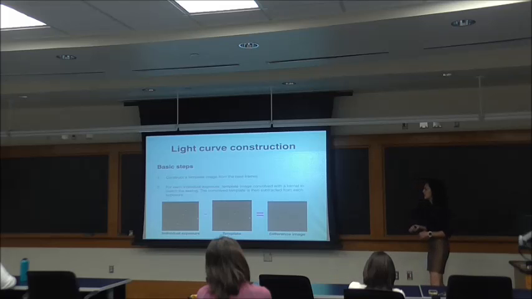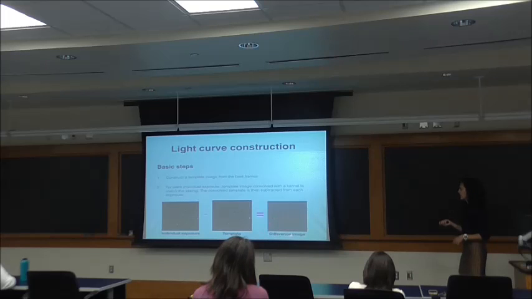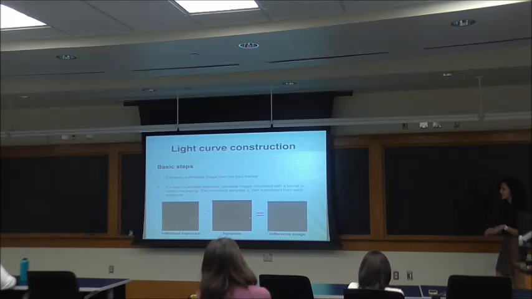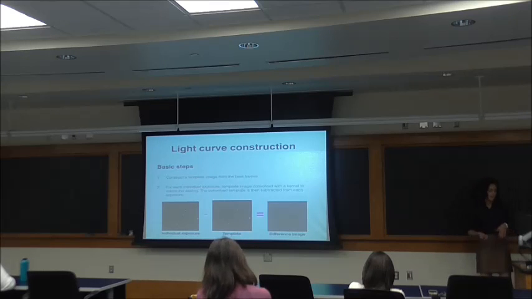So you're degrading the template to match your exposure, then subtracting the template from the individual exposure leaves you with a difference image, which should be dominated just by noise, except for any variations which will pop out against the background.